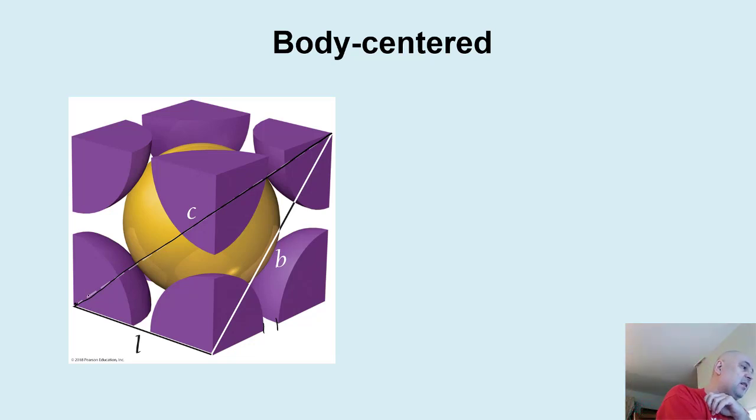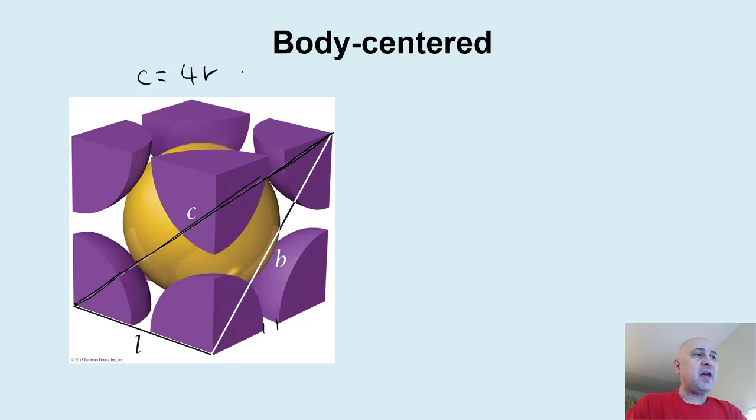So we can see that there's half of a purple one, a full one, and again, it's just color coding, so you can tell them apart, but they're all the same atom. They have the same radius. Otherwise, this math does not compute. So here, the distance C is actually equal to 4r.